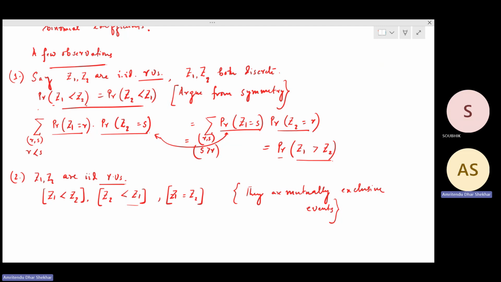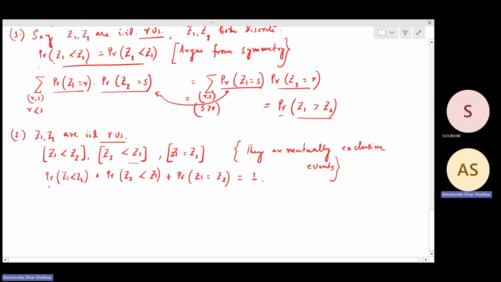It means in particular that if I sum them up in probability, they're equal to 1. So the probability of Z1 smaller than Z2 plus the probability of Z2 smaller than Z1 plus the probability of Z1 equals Z2 must be equal to 1.